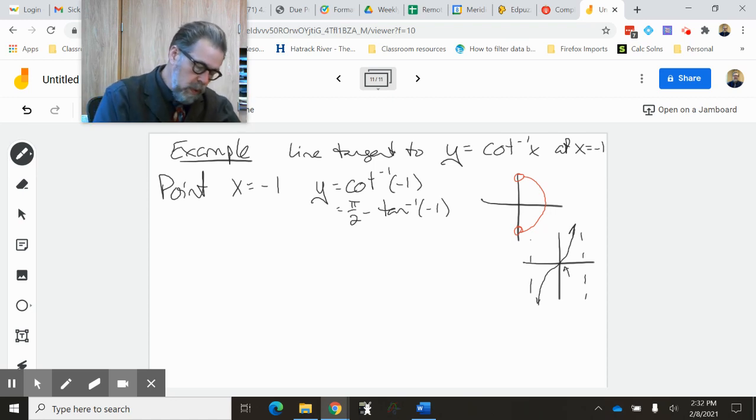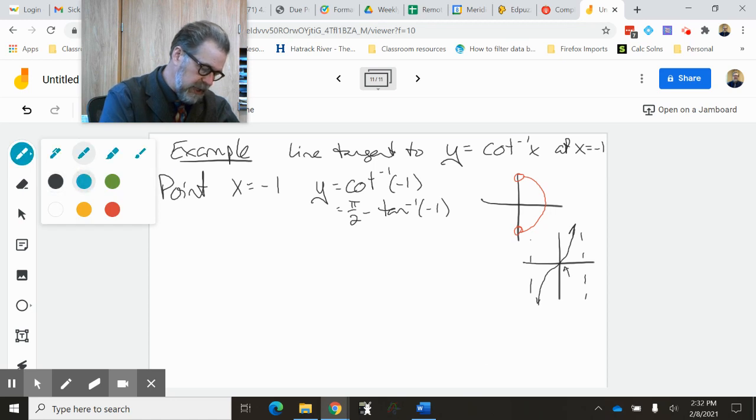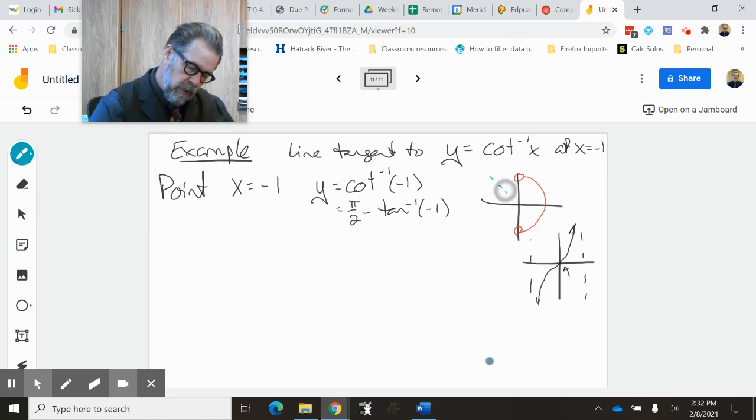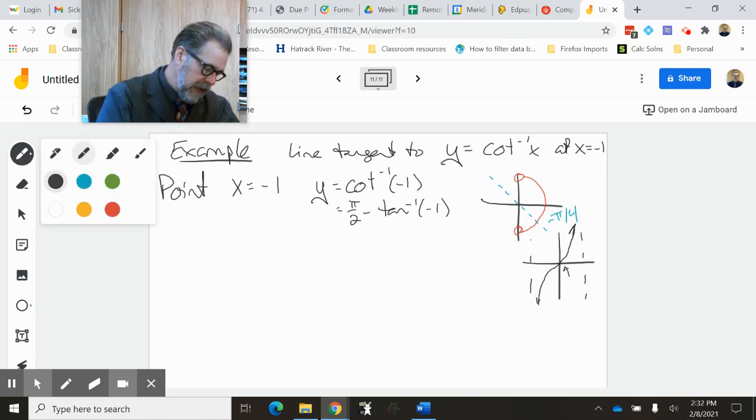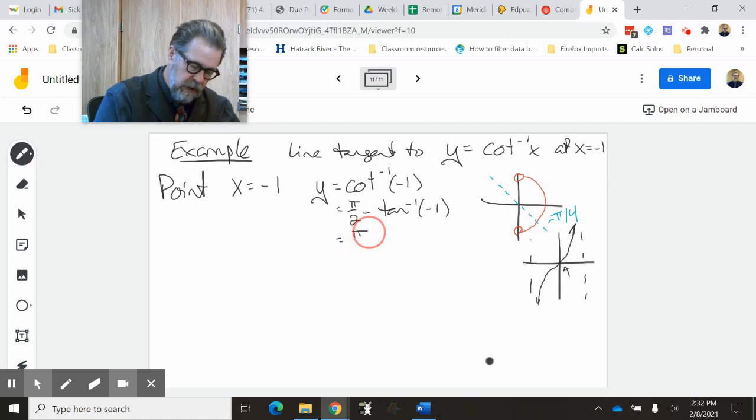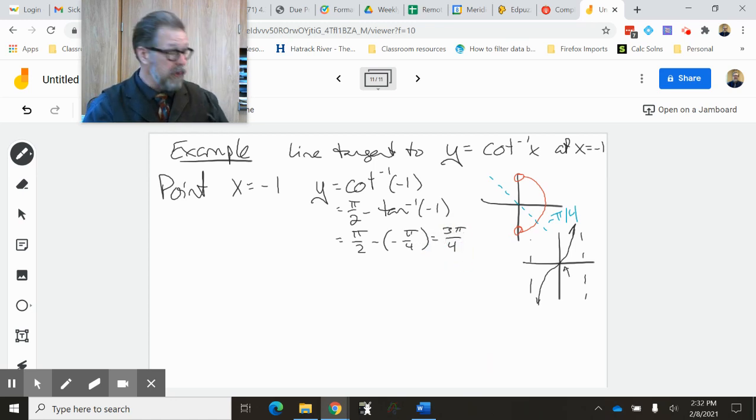And so what we're looking at here is we say, well, we're looking for a value with a tangent of -1. That means that this is negative pi over 4. And going back to our exact value, we've got pi over 2 minus negative pi over 4, which is 3 pi over 4. This is much preferable to decimals when possible.